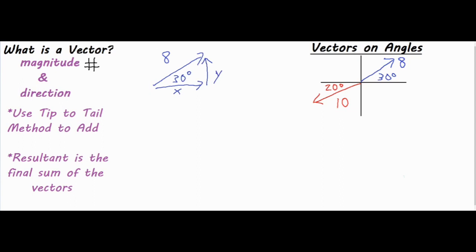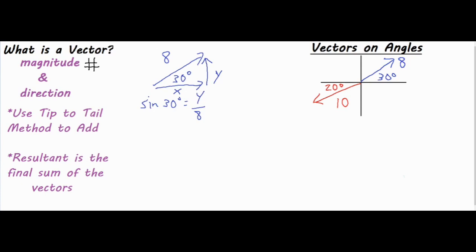Okay, so how you solve for that is you would use sine and cosine. You would use a combination of different trig functions, and we want to use sine and cosine because both of those involve the hypotenuse, and we do have the hypotenuse of our triangle. So the sine of 30 degrees is opposite, so the opposite side is our y over the hypotenuse, which is 8.